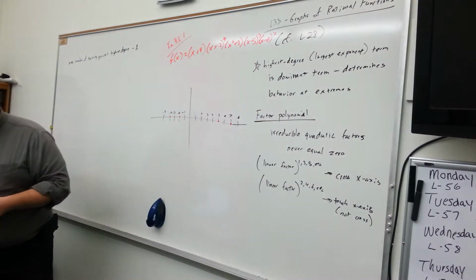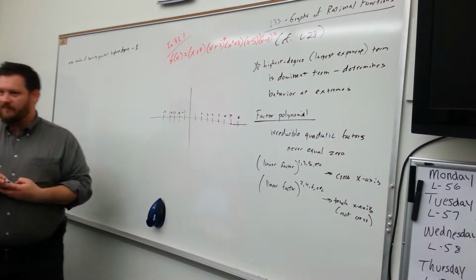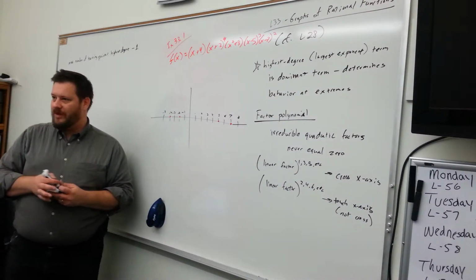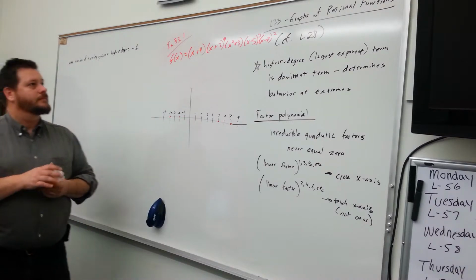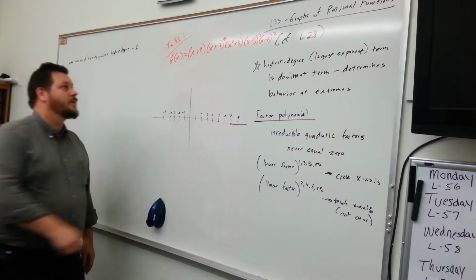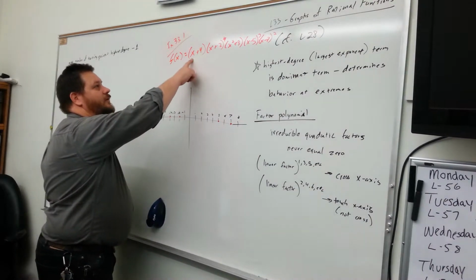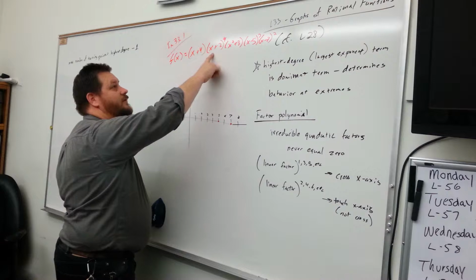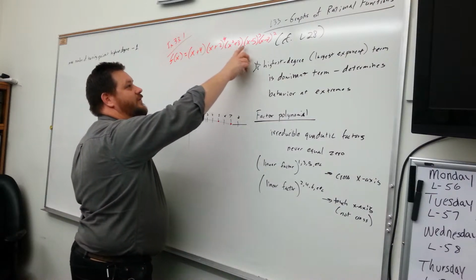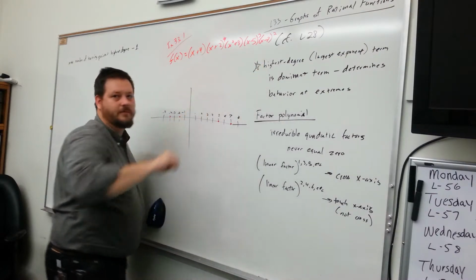If we were to multiply this out, what would be our dominant term? X to the what? Fourth. This is going to give us an x, this is going to give us an x to the 4th. So now we've got x to the 5th, x to the 7th, 8, 9, 10, 11, 12.